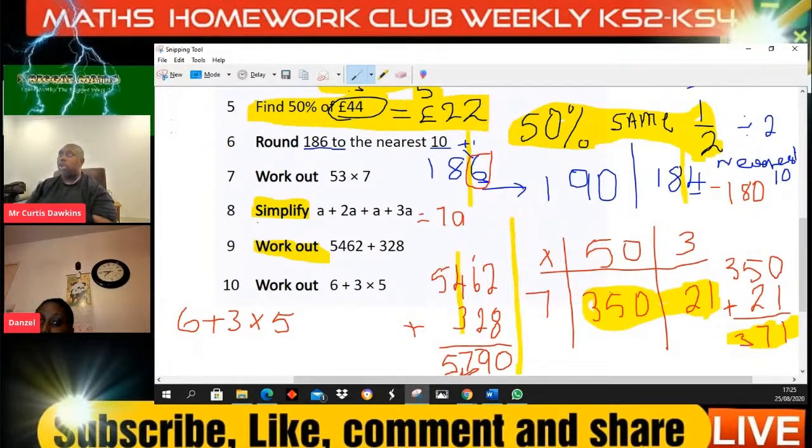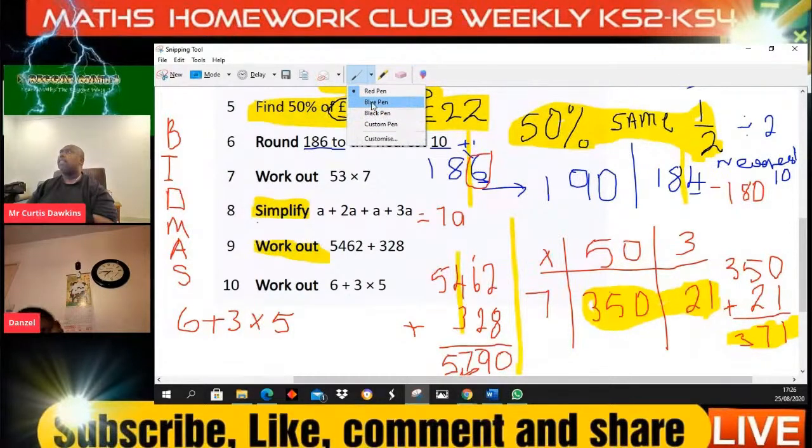This is known as BIDMAS, you will learn this. Write this in a book, please. You will come across this with me several times throughout your teaching. What this means, Denzel, is if you got a bracket, you do what's in the bracket first.